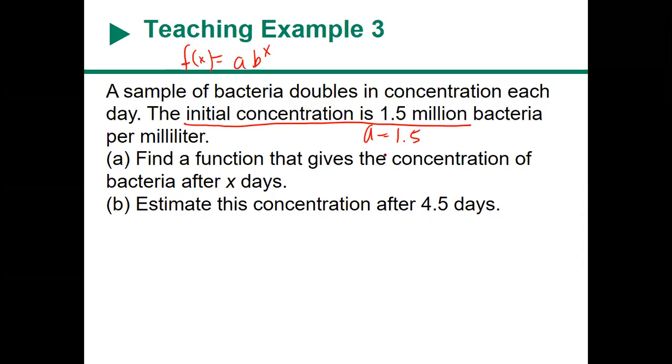And how is it changing from one to the other? It doubles. So mathematically, what does doubling mean is happening? It's multiplying by 2, right? So therefore, your function is f of x equals 1.5 times 2 to the x.